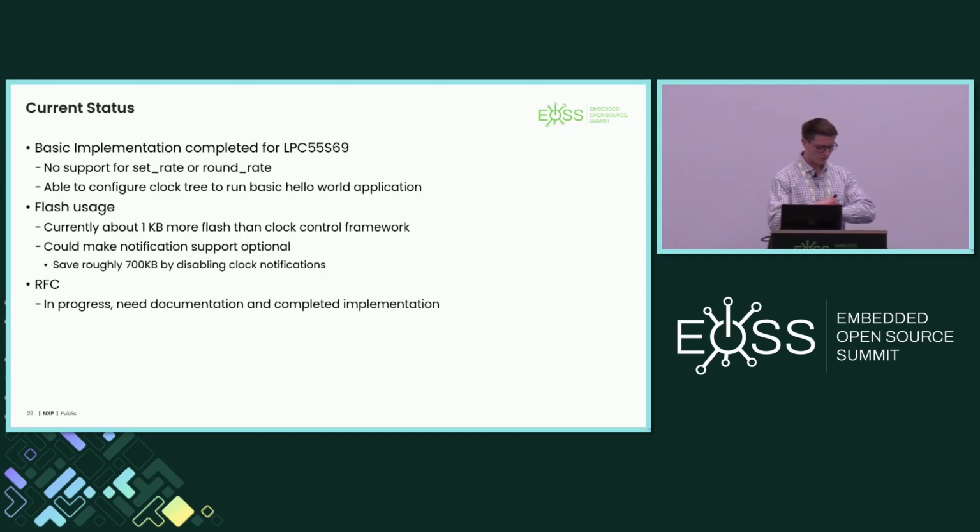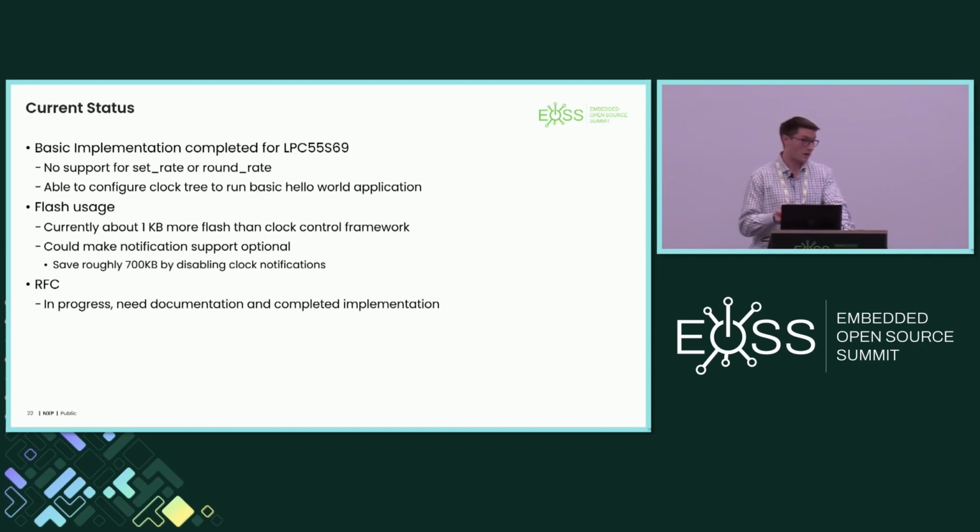Now I wanted to go over the current status of this implementation. I have a basic implementation completed for the 55S69, which is why I keep referencing its clock tree all over this presentation. We can configure the clock tree to run a basic Hello World application. The main issue I am still trying to figure out is flash. Currently, it's about a kilobyte of additional flash to do this framework with the notification callbacks.